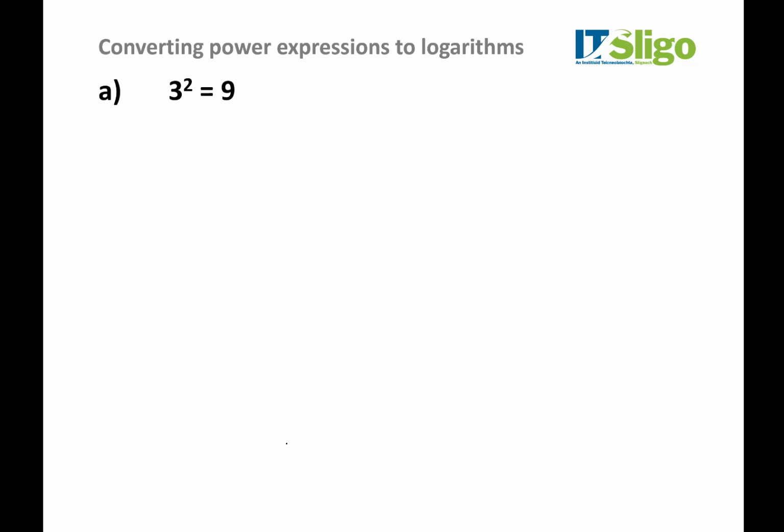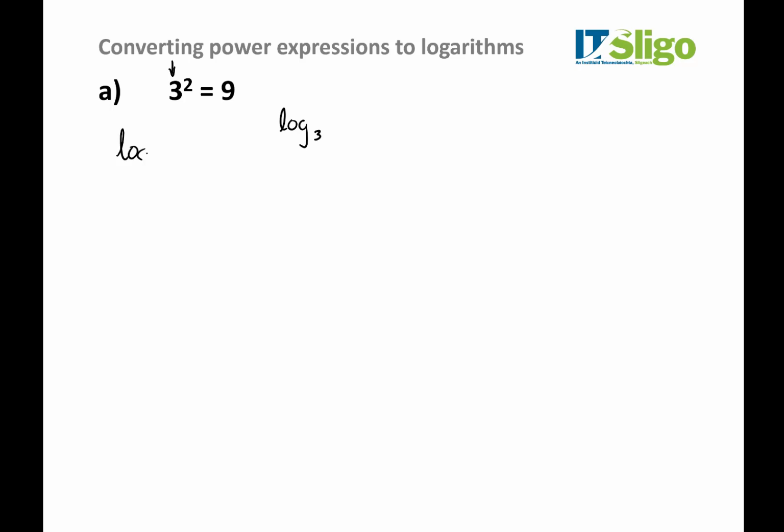So here, convert this power expression into a log. Well, we want to get rid of the power. We want to remove the base, really. We want to change this power statement on the left into just a simple value. So we need to remove the base. To do that, we're going to take a log, but it must have the same base.